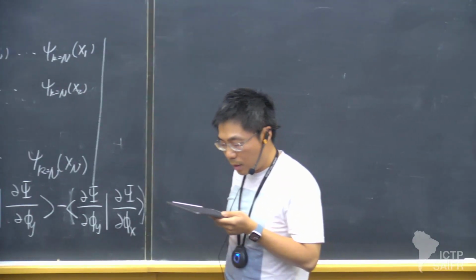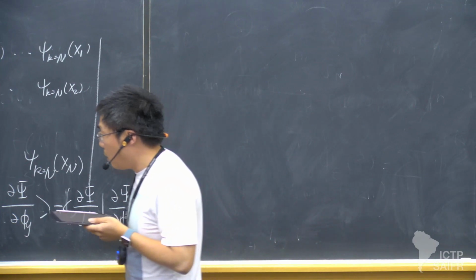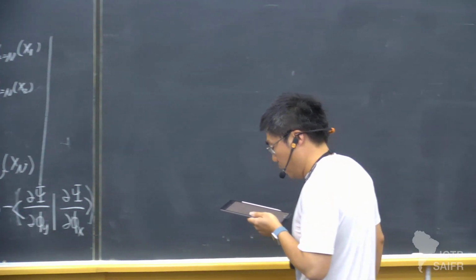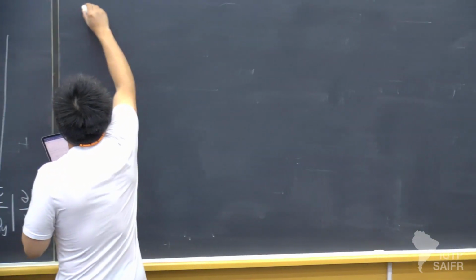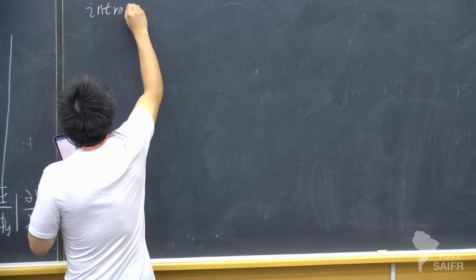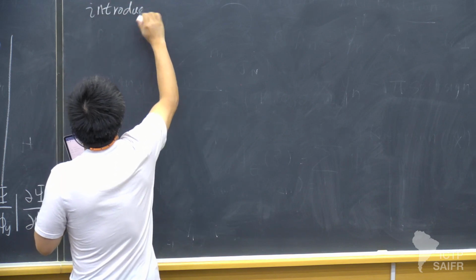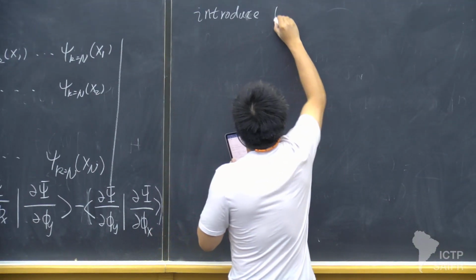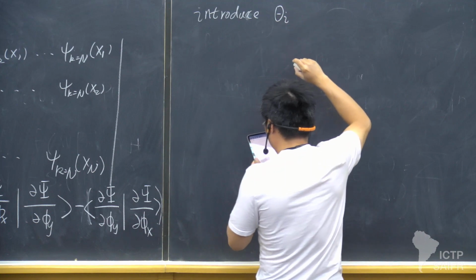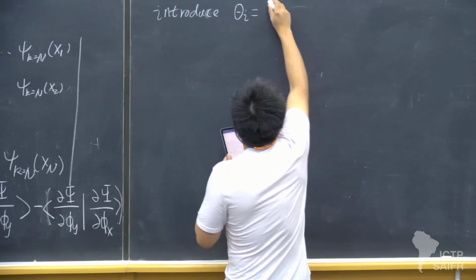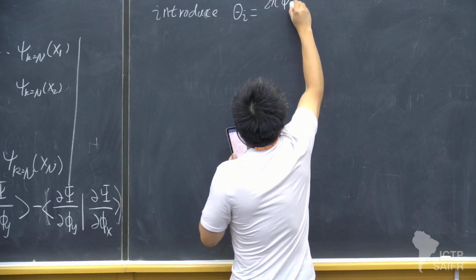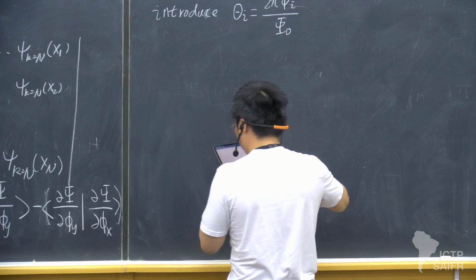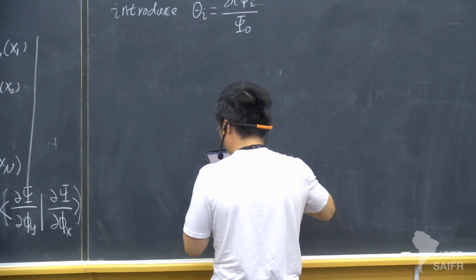Okay. Now I'm also going to massage this a little bit. We are going to introduce two variables, theta i, which I'm going to define as 2 pi phi i over phi 0.